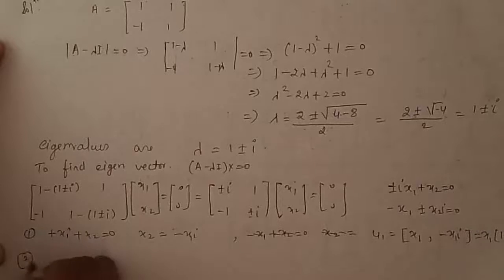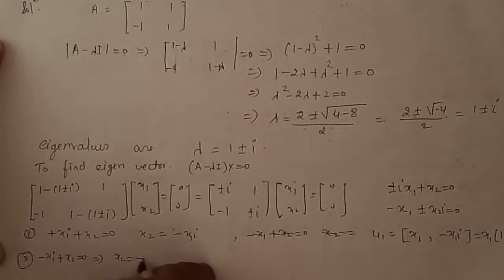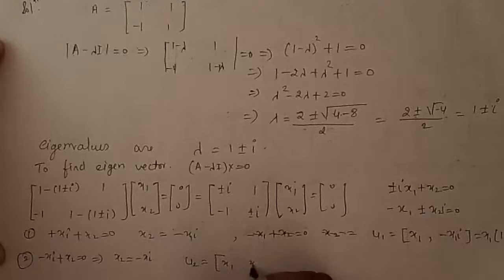For the second one, minus i x1 plus x2 is equal to 0. This implies x2 is equal to i x1. So u2 is equal to (x1, x2).